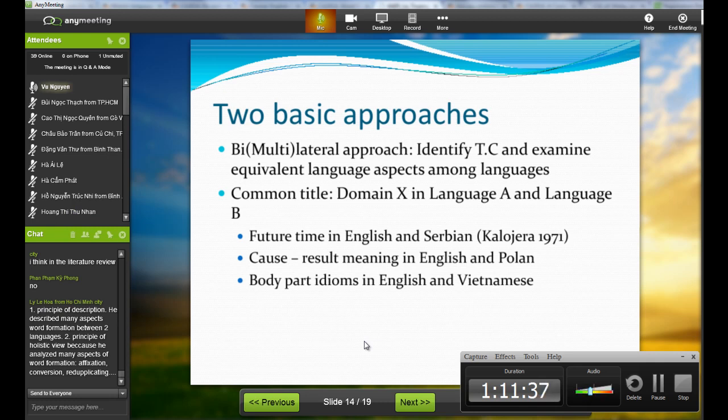For example, future time in English and in Serbian. By this, we imply that there is future time in English and there is future time in Serbian too. Causal result meaning in English and Polish. A body part idiom in English and in Vietnamese.